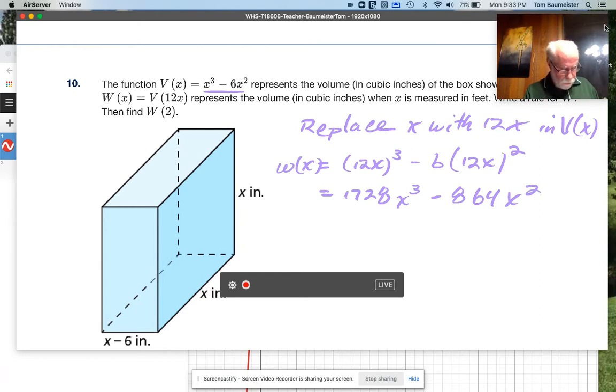It's told us to then find w of 2. So w of 2, again, all we're doing is wherever we see x, we are now replacing it with 2.